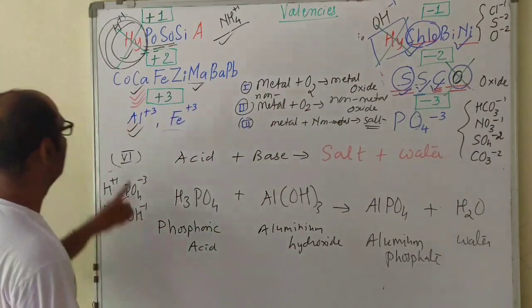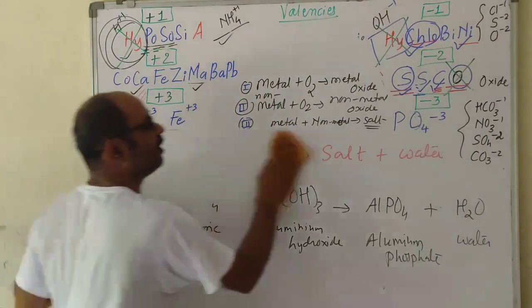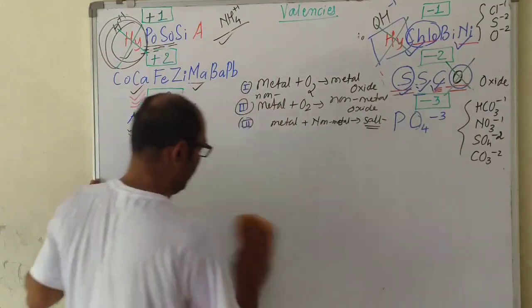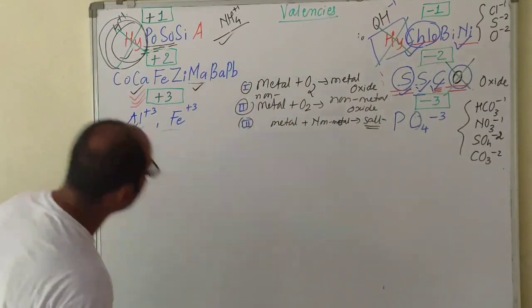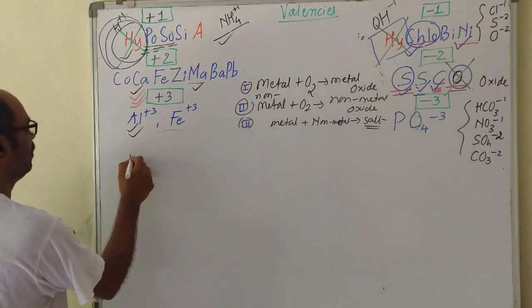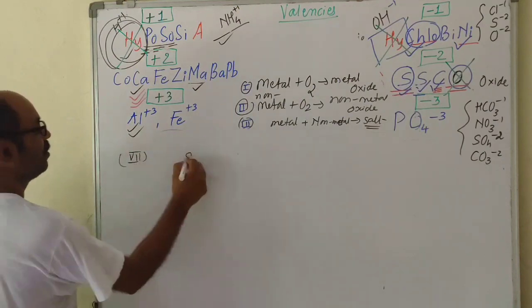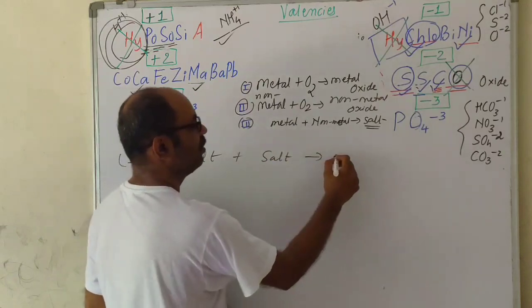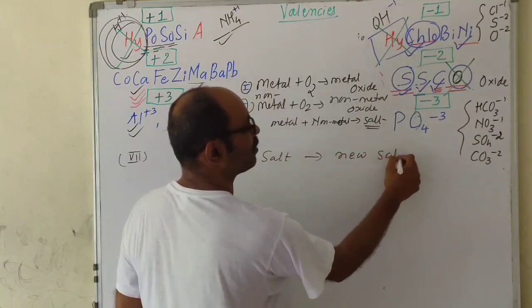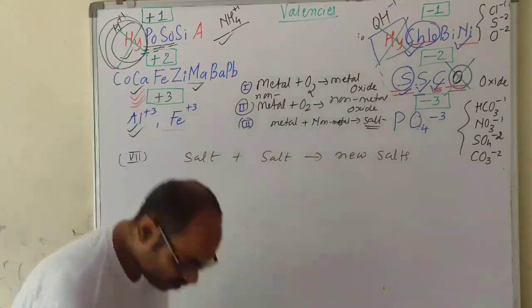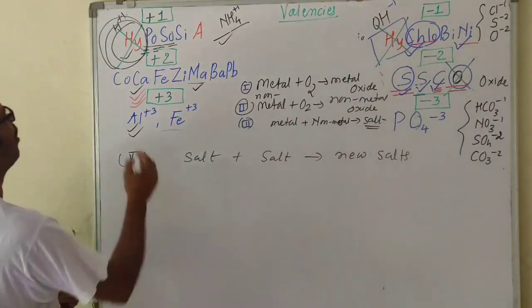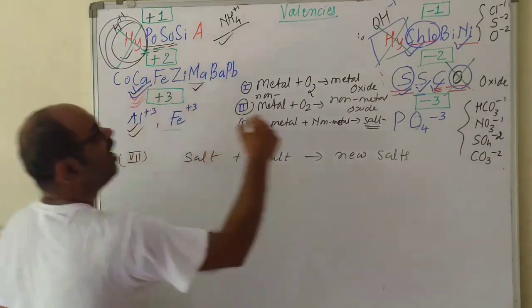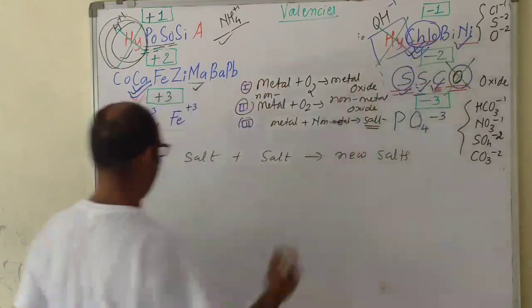Sure. Yes. Now seventh one and the last one that we are going to see here today is salt plus salt. Salt plus salt gives new salts. Let's see what is happening. Take any salt. Okay, calcium and chloride.